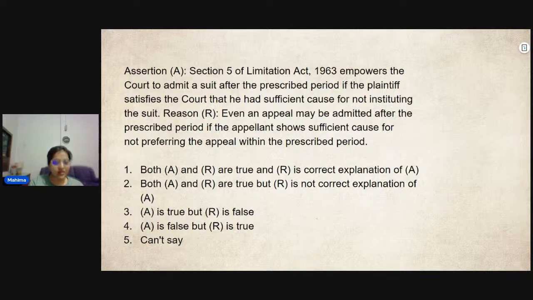अच्छा, सूट से कंफ्यूज हो गए हो क्या? Okay, you are confused by the word suit. Okay, it should not be suit, but empowers the court to admit an application or the appeal after the prescribed period, and even an appeal may be made after the prescribed period if the appellant shows sufficient cause for not preferring the appeal within the prescribed period. Yes, yes, yes.